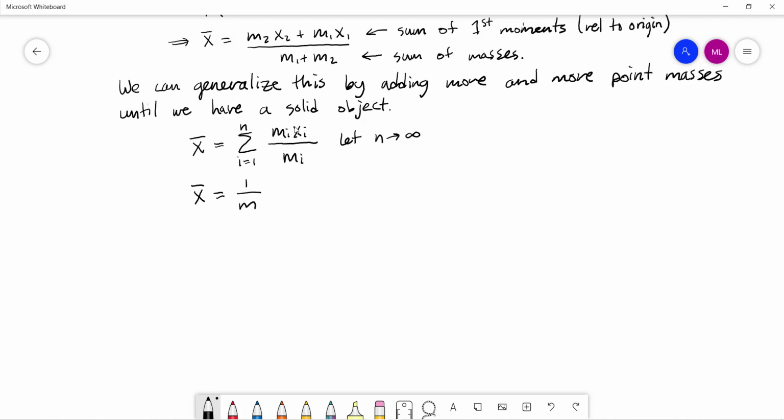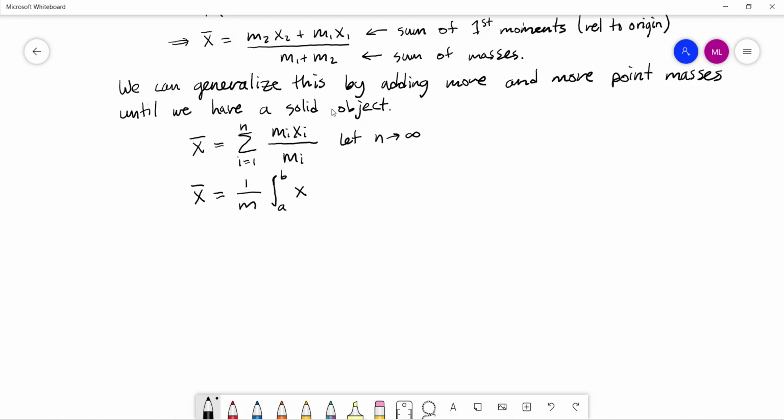The remaining part is basically the sum of all of these moments, but after we've taken our limit as n goes to infinity, this is now an integral, so we're integrating over the region of basically our x sub i, which is just going to be x times the mass.